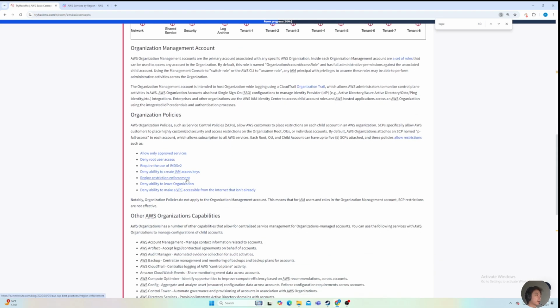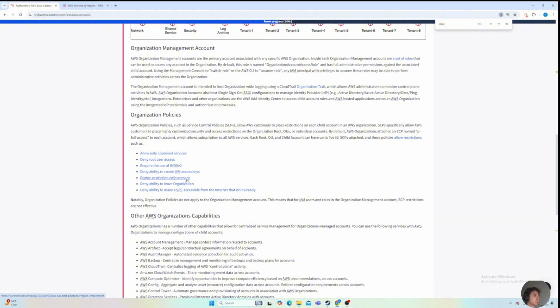Organization management account. AWS organization management accounts are the primary account associated with any specific AWS organization. Inside each organization management account are a set of roles that can be used to access any account in the organization. By default, this role is named OrganizationAccountAccessRole and has full administrative permissions against the associated child account.